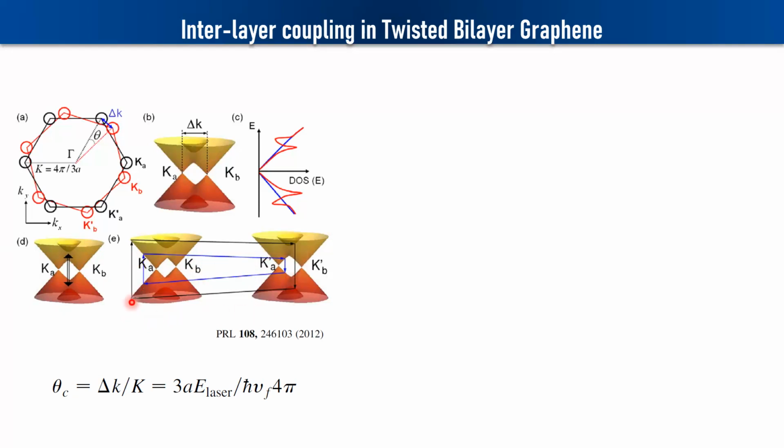Or you can have transitions going through these van Hove singularities. At these critical angles, you can have this kind of inter-valley scattering, which is assisted by phonons.